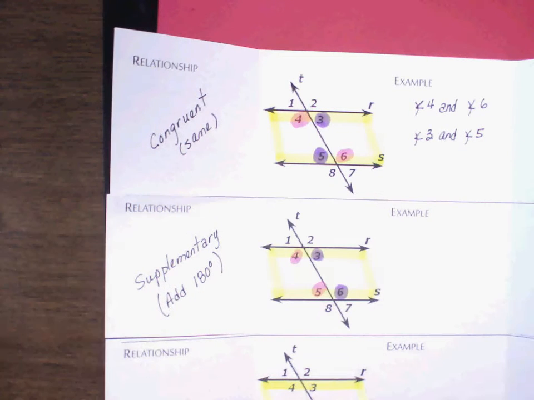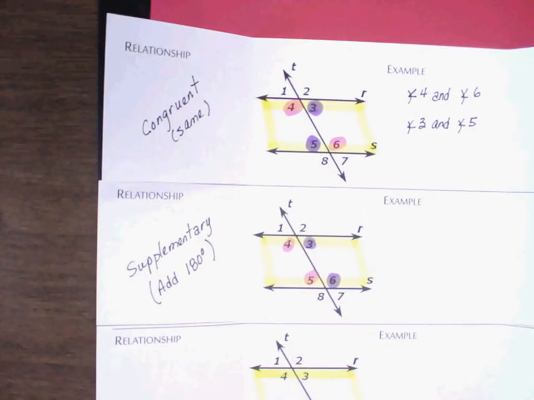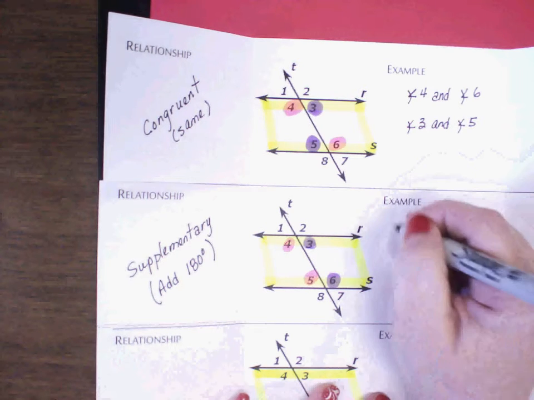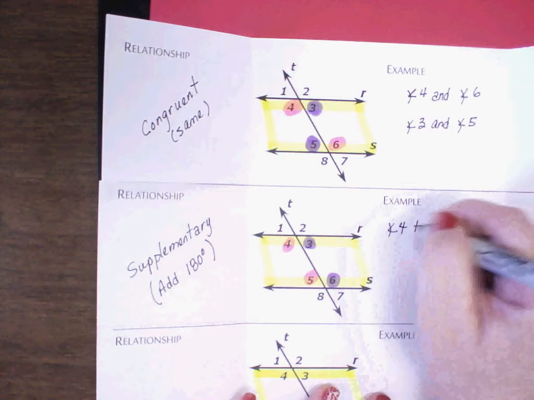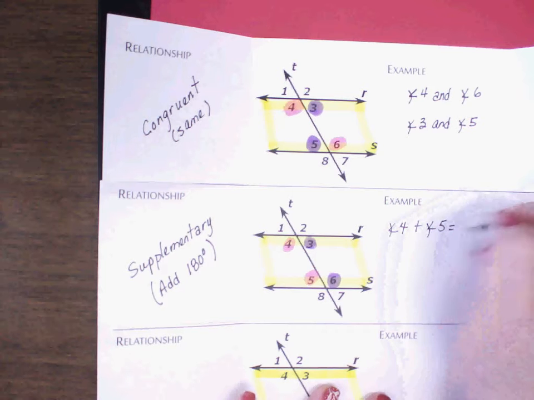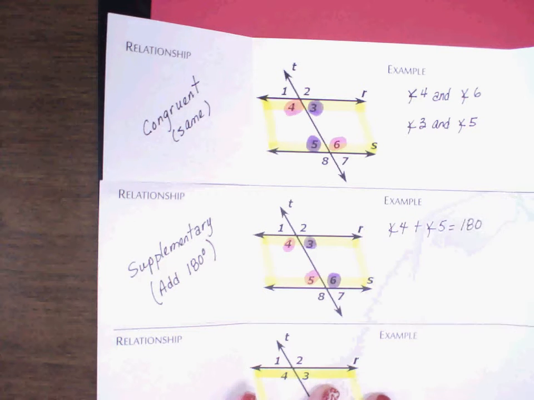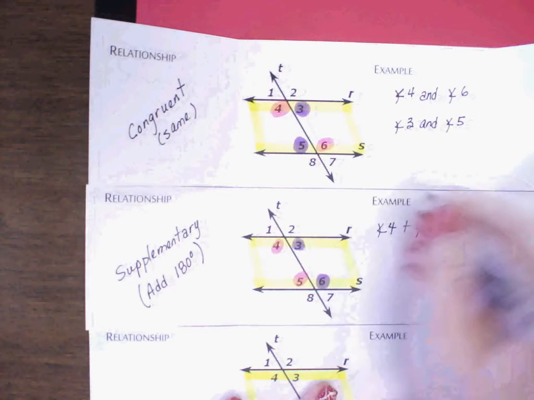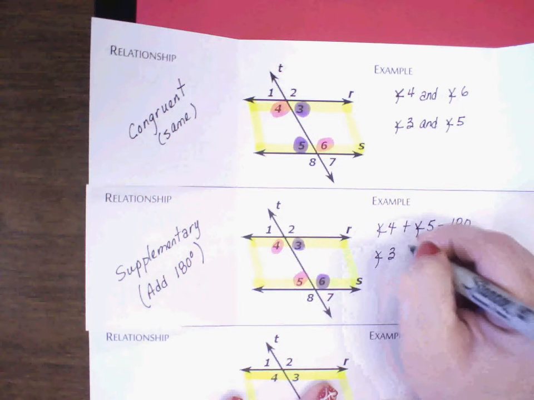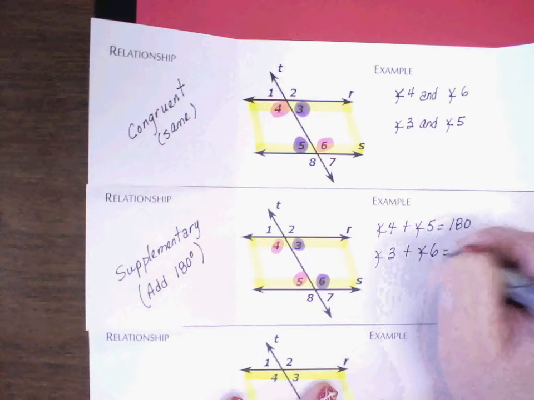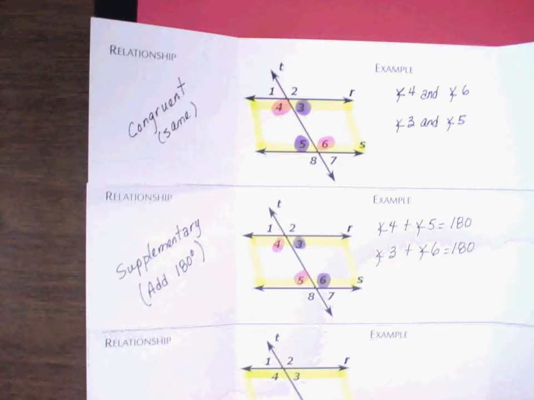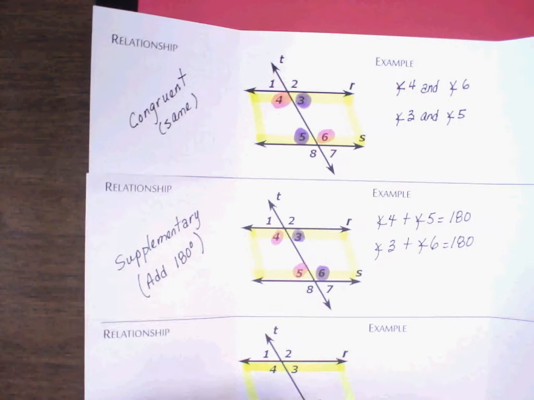Very good. They add up to 180. That's pretty cool that we can remember. So angle 4 plus angle 5 equal 180. And angle 3 plus angle 6 equals 180.